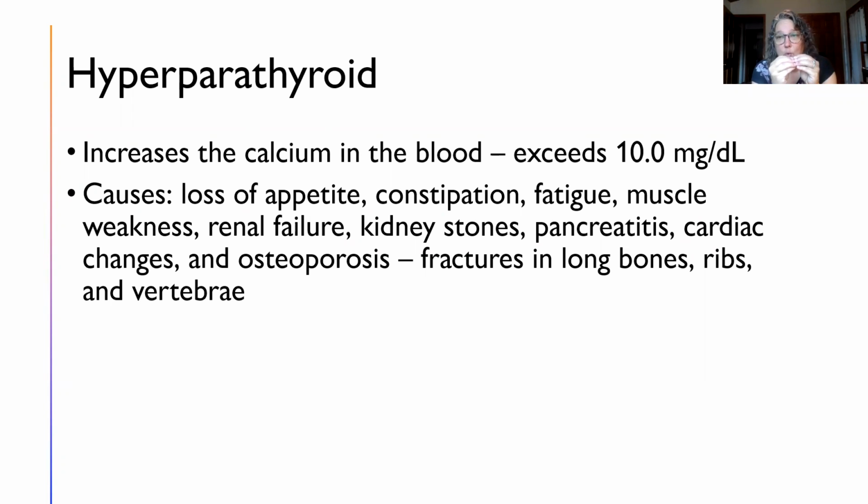A lot of people with kidney failure will have problems with hyperparathyroidism, along with kidney stones, pancreatitis, cardiac changes, and osteoporosis, which means fractures in long bones, also in the ribs and in the vertebrae.